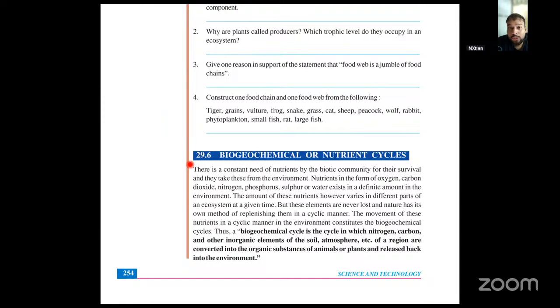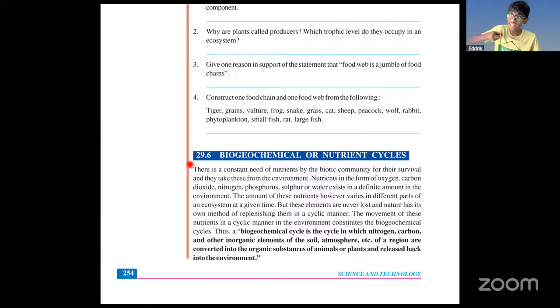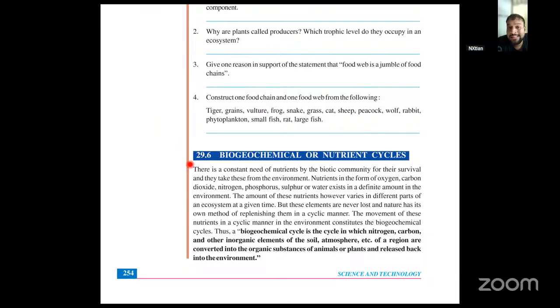Every plant needs nitrogen, not in the atmospheric N2 form, but in the form of nitrite and nitrate, NO2 and NO3. Those nitrites and nitrates are useful for the plant. So what do rhizobium bacteria do? They fix the atmospheric nitrogen, which is N2, into nitrates and nitrites, which is useful for the plant.